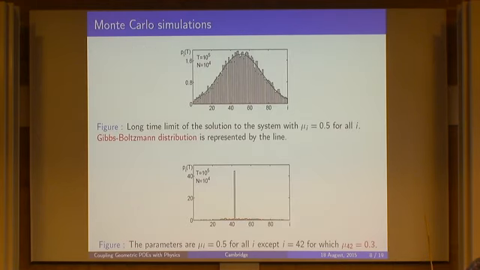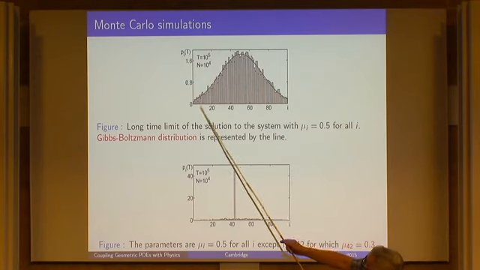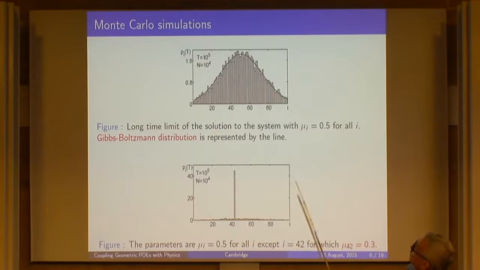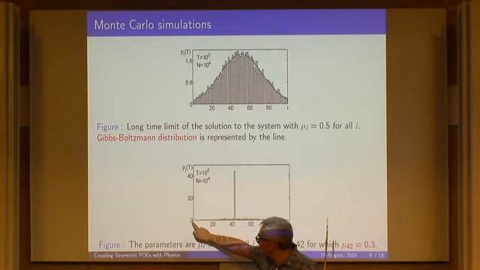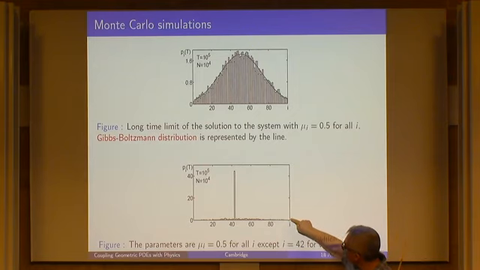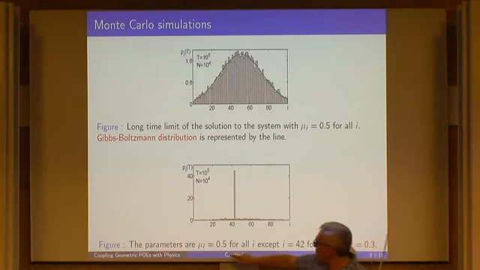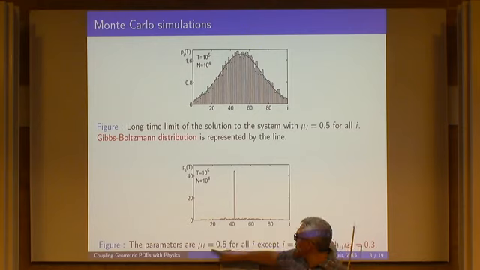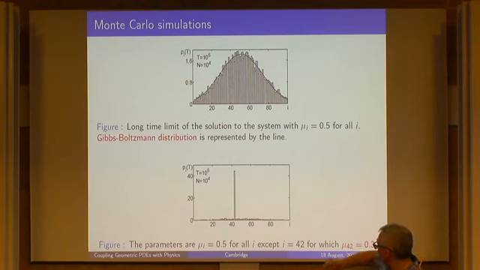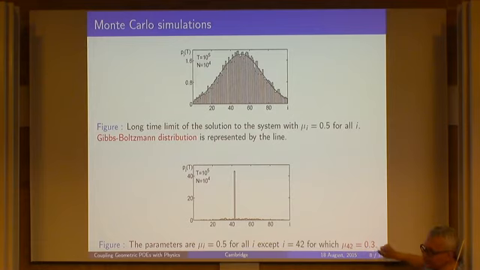And what we found is the following. So this is a standard case of numerical simulation. This is, of course, a Gaussian, the standard Boltzmann distribution. But when mu is not constant, I'll give you this example, everywhere from 0 to 1, and this is like 100 cells, everywhere the anomalous exponent is 0.5, apart from cell 42, where the anomalous exponent was 0.3.